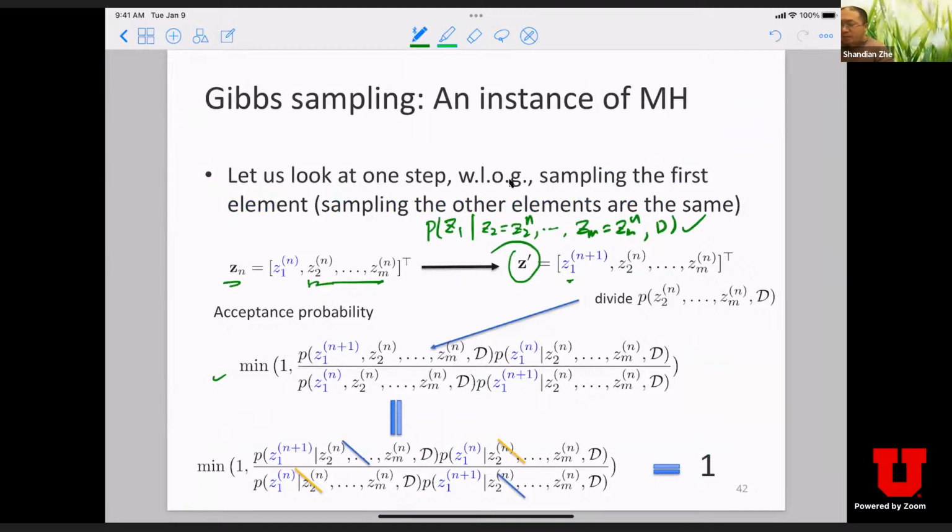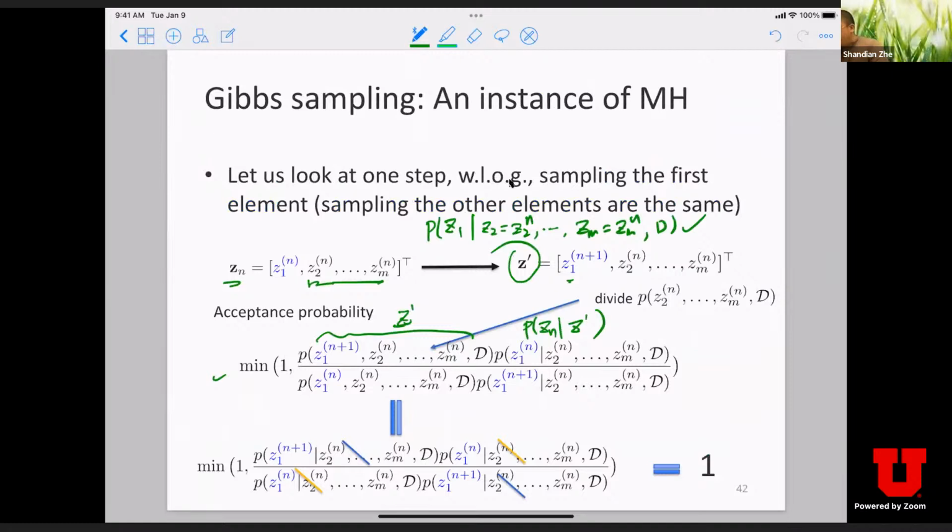We know that it is the minimum of 1 and a fraction. This fraction is: you use your proposal to evaluate the joint distribution of your model and data, and multiply with the proposal distribution that goes from Z prime to sample Z^n, right?